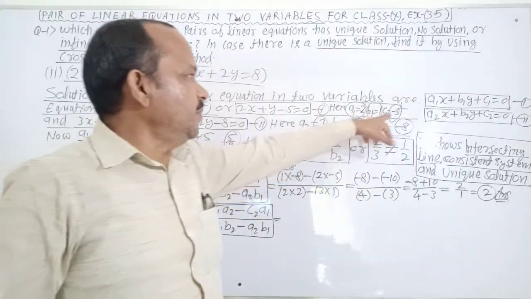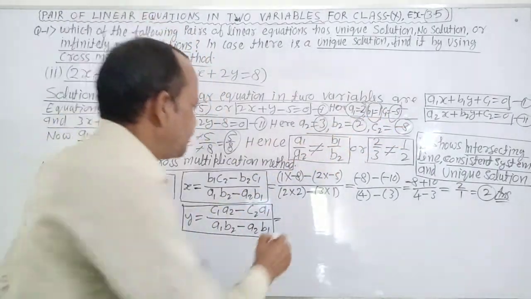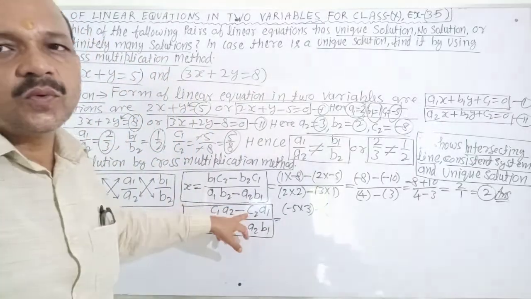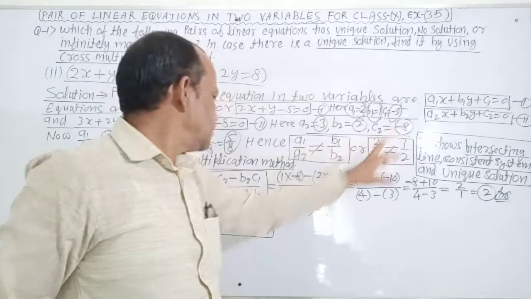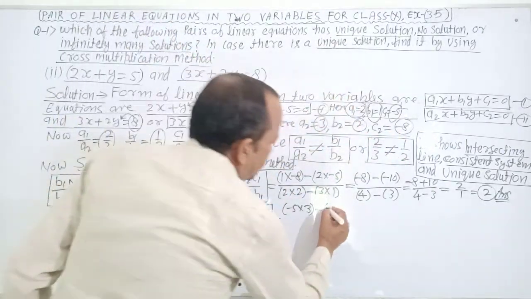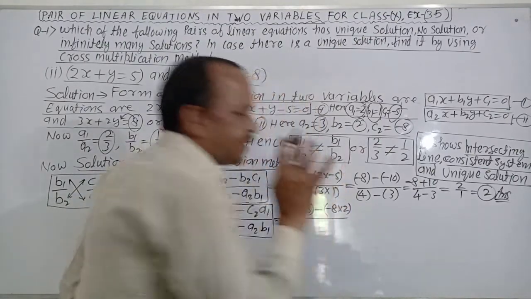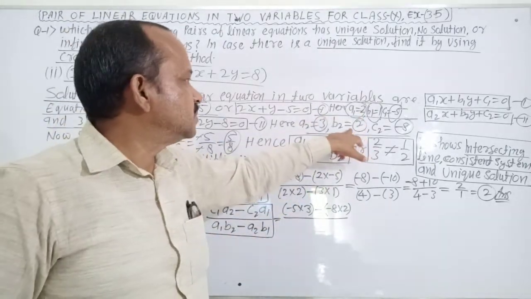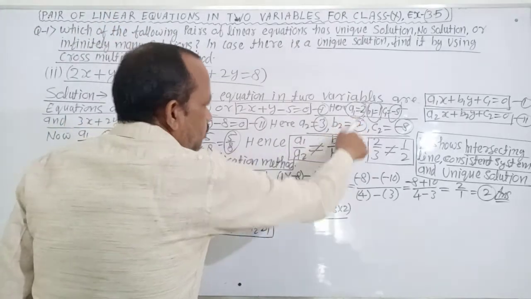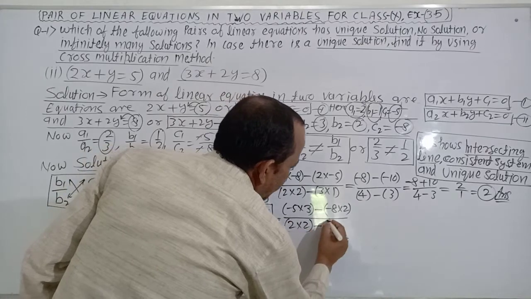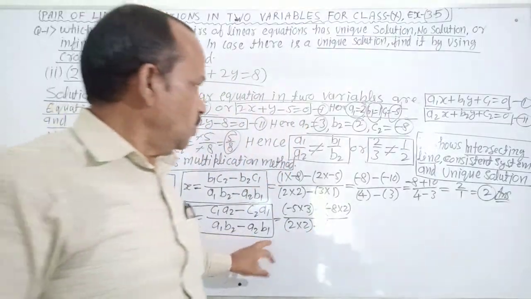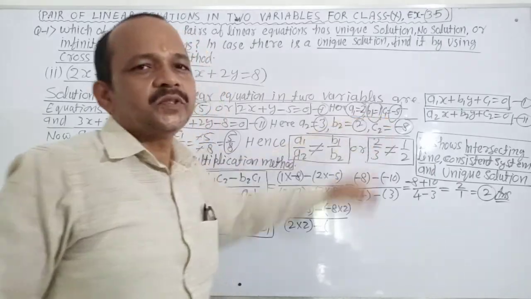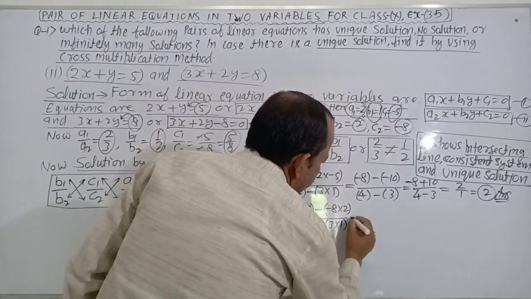c1 a2. c1 minus 5, a2 3, minus 5 multiply 3, minus c2 a1. c2 minus 8, a1 2, minus 8 multiply 2, upon a1 b2. a1 2, b2 2, a1 b2 2 multiply 2, minus a2 b1. a2 means 3, b1 means here 1, 3 multiply 1, equal to.